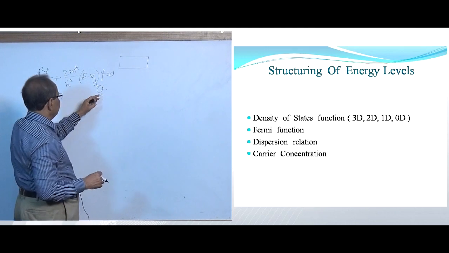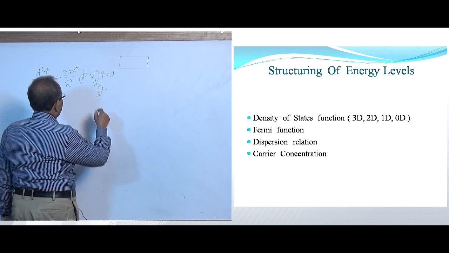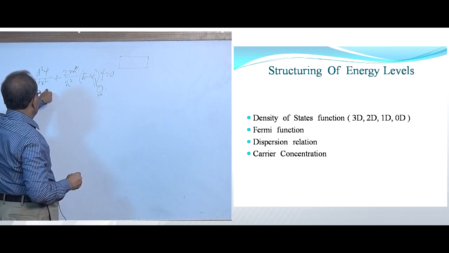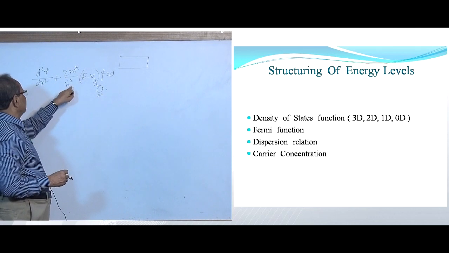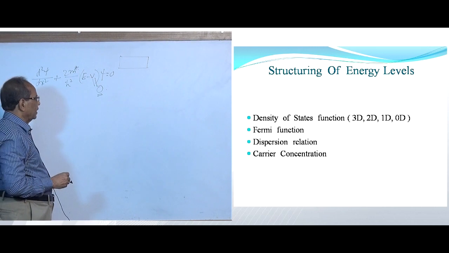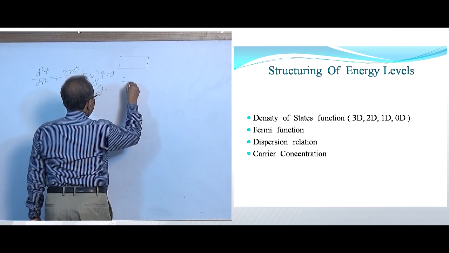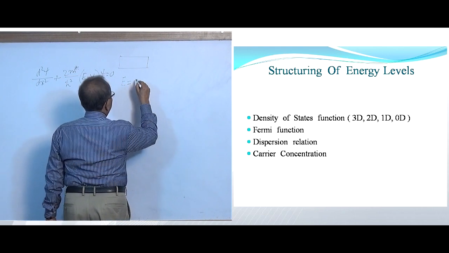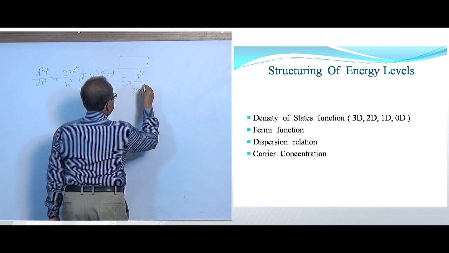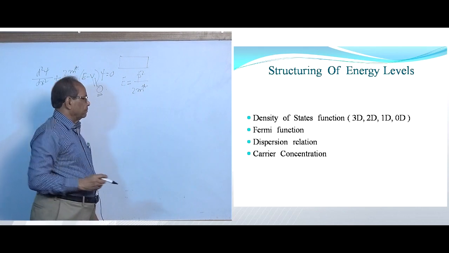The potential energy as a reference, I am taking 0 value. This gives rise to d²ψ/dx² + (2m*/ħ²)Eψ = 0, where the energy E is equal to p²/2m*, where p is the momentum.